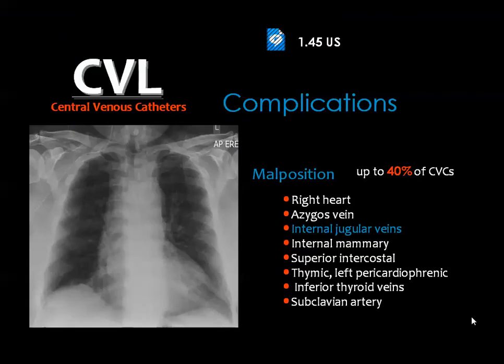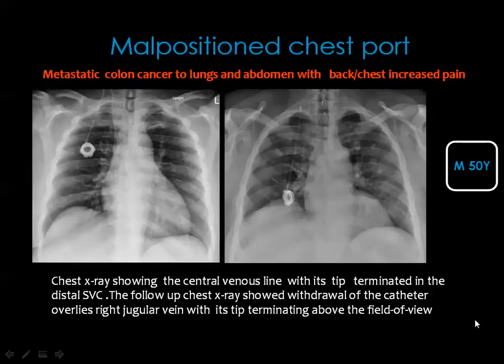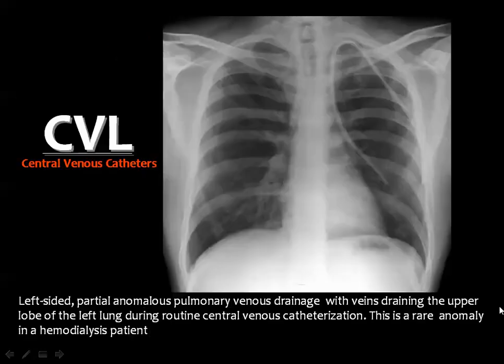This is one of the commonly used techniques nowadays to avoid too many complications of central venous catheter insertion. Here you can see the central venous catheter, which has been passed into the internal jugular vein, and this is the correction of the position of the catheter after that.